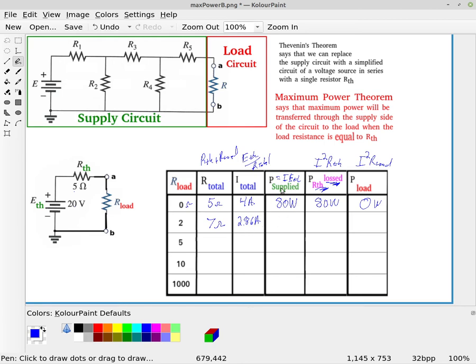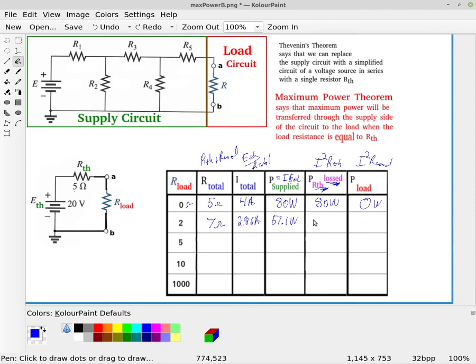So our total current has dropped, and therefore our power supplied is also going to drop, right? So I times 20 gives us 57.1 watts. So our power being supplied by the source has dropped, but there's still a lot of power being used in the R Thevenin.